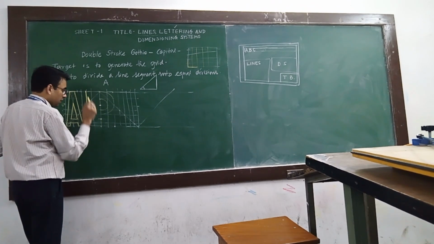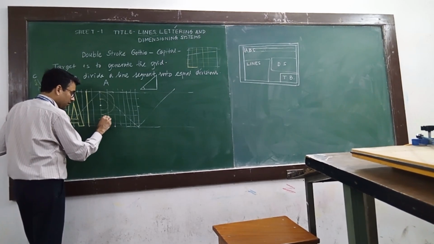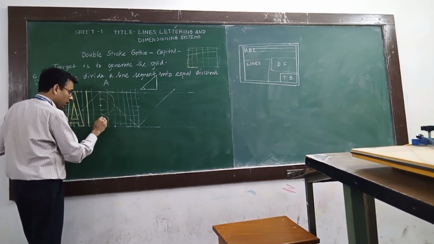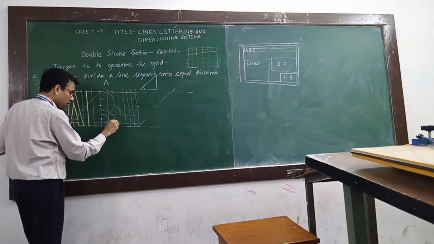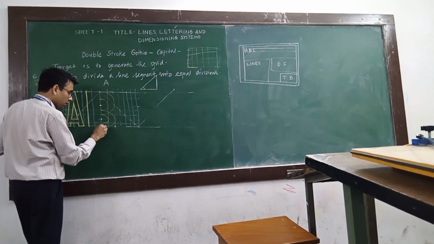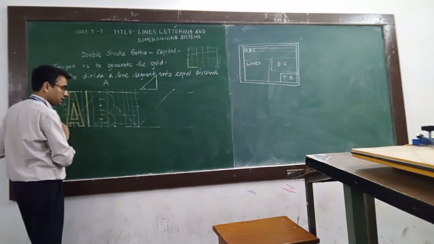Clear? Again, this as the center, and 1 unit as the radius, I will draw a faint line, semicircle. And this point as the center, and 2 units as the radius, I will draw a semicircle. All are faint lines. Clear?